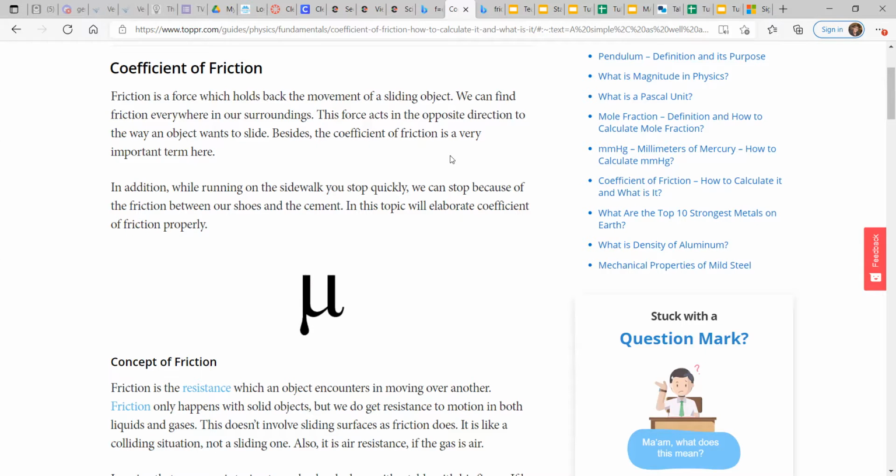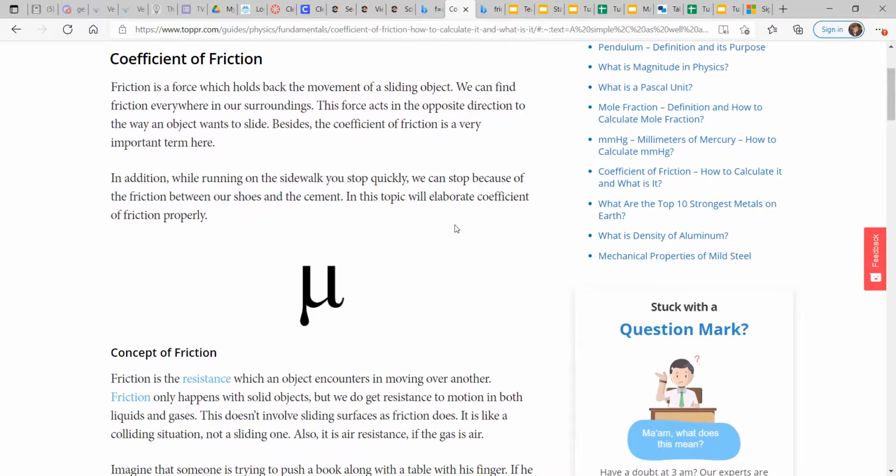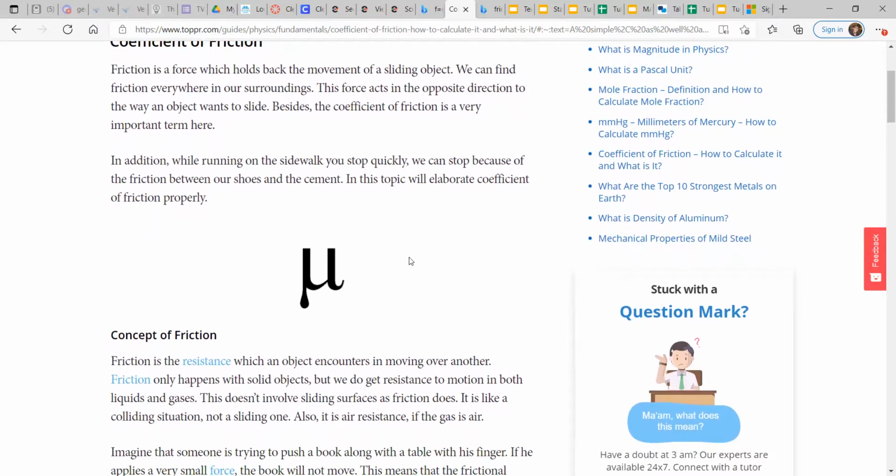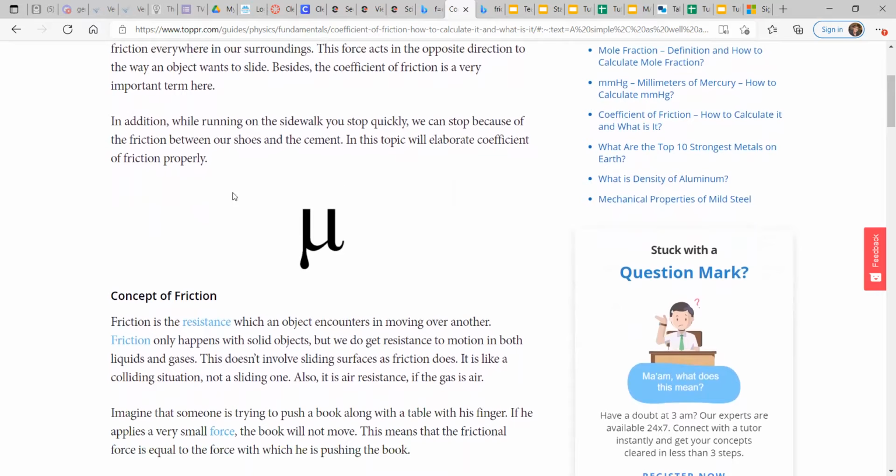So if we slide something to the left, the force will push it the other way, to the right. Besides, the coefficient of friction is a very important term here. And it's represented by the equation F equals mu times N.